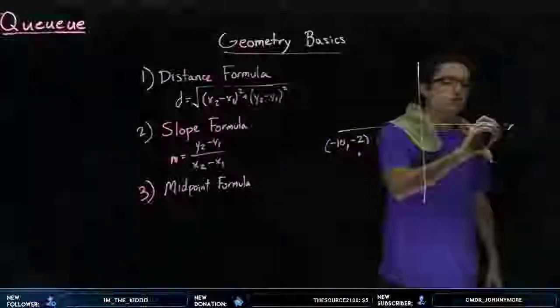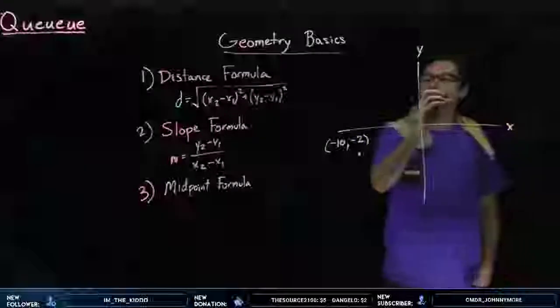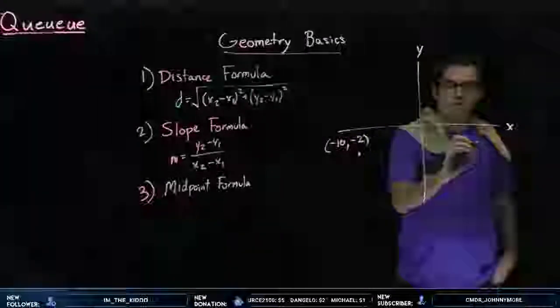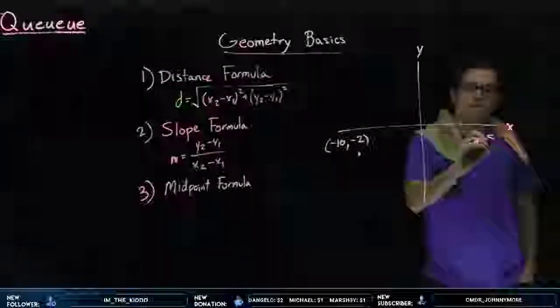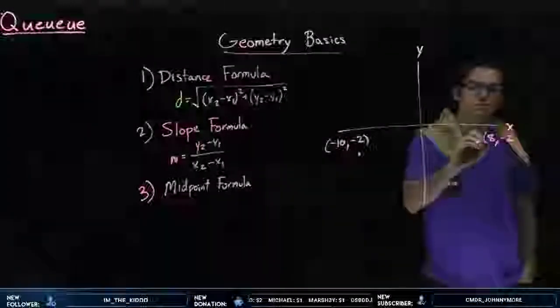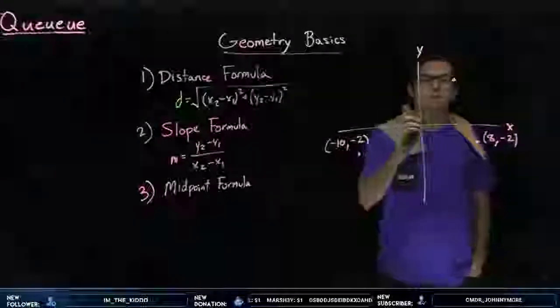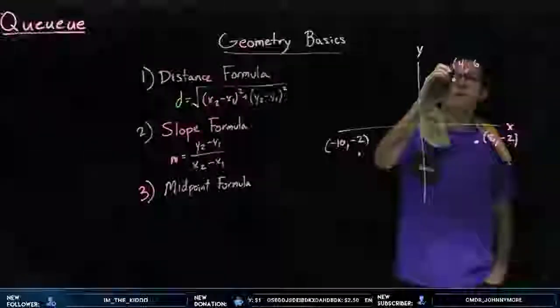Make sure we label our axes, x, comma, y. And then over here, we're going to do one right here. And this is going to be 8, comma, -2. And then there's going to be one over here, which is going to be 4, comma, 6, something like that.